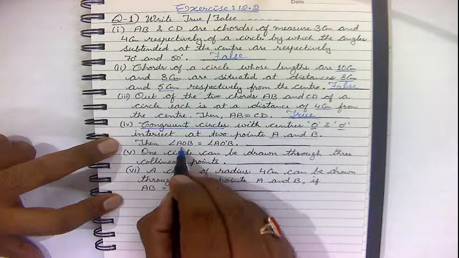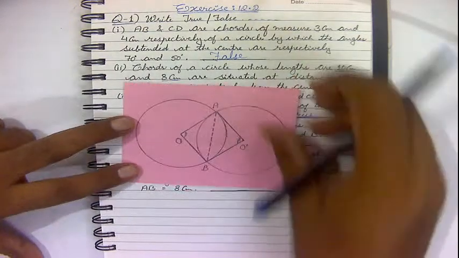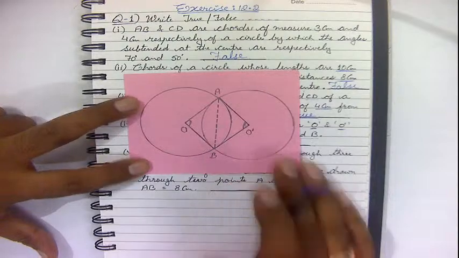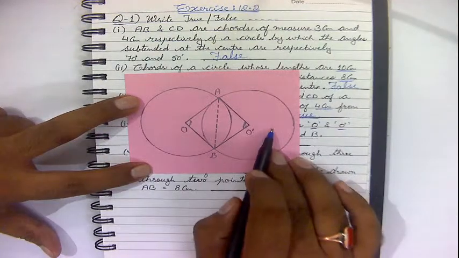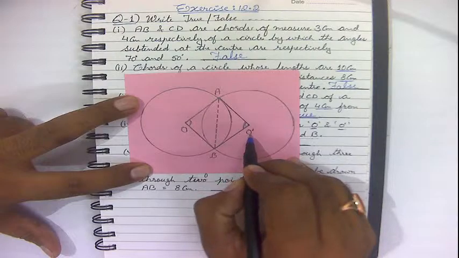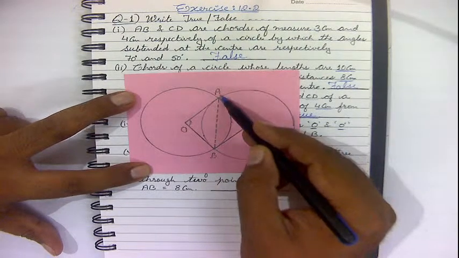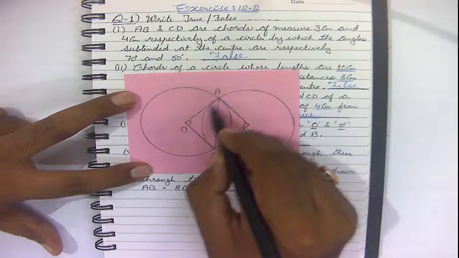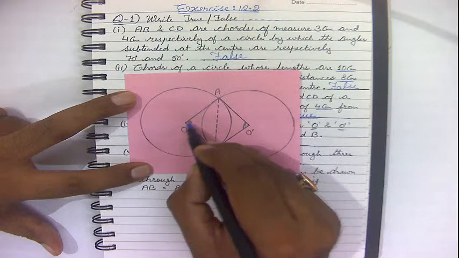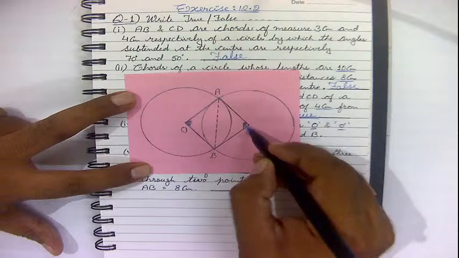Then angle AOB is equal to angle AO dash B. So if you see, these are the two congruent circles. First center is O, second center is O dash. Both the circles are intersecting at points A and B. Now this angle AOB, ये जो angle है, क्या AO dash B के equal है?